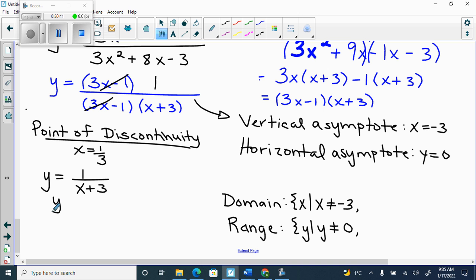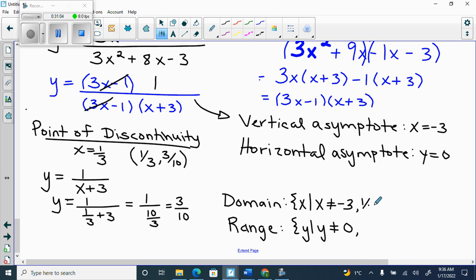So I'm going to get 1 over 1/3 plus 3, which is 10/3, which is 3/10. So my point of discontinuity is at 1/3 and 3/10. And then I can go to my domain and say, oh, it can't equal 1/3 and y can't equal 3/10.